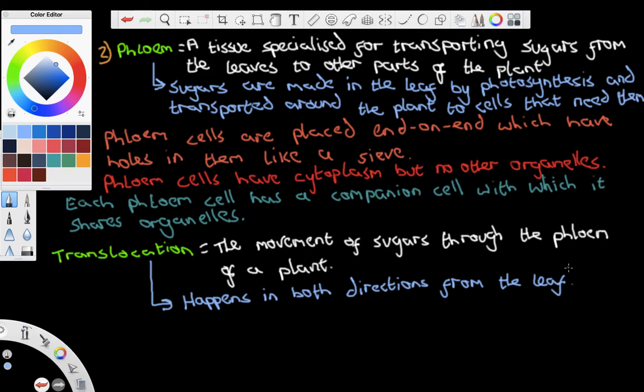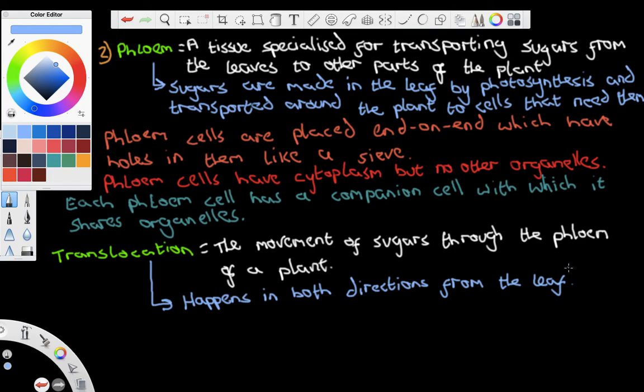Lovely. So the phloem is a tissue specialised for transporting sugars from the leaves to the other parts of the plant. Sugars are made in the leaf by photosynthesis and transported around the plant to cells that need them. The phloem cells are placed end on end, which have holes in them like a sieve. They allow sugars to move through, but not necessarily other molecules.